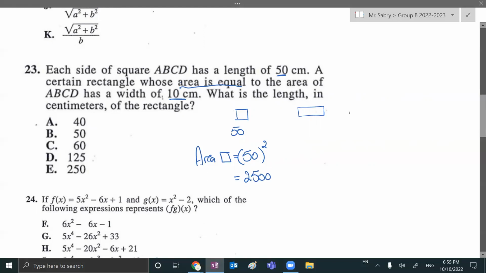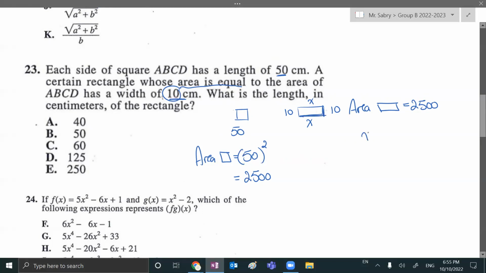The area of the rectangle is the same, because they share the same area. You're told that the width of the rectangle is 10, so this side is 10 and this side is 10. You were asked to find the length. How do I find the area of a rectangle? It's length times width.